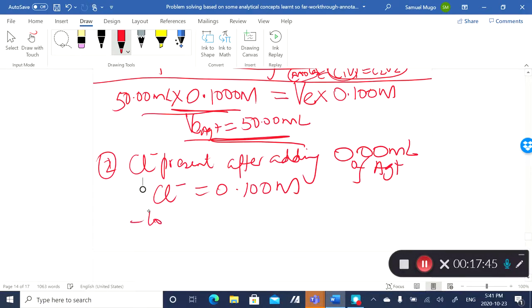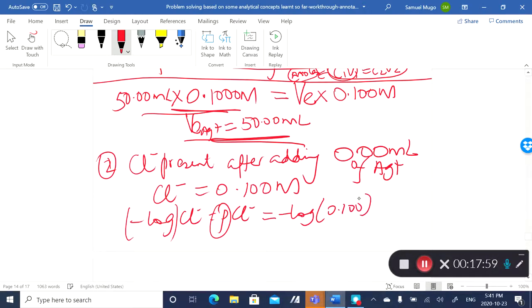And so the negative log of chloride, which is pCl, remember that refers to the negative log, that's a symbol for negative log, is equal to the negative log of 0.1, which is equal to 1. Okay, so that is the pCl is equal to 1 at that volume.